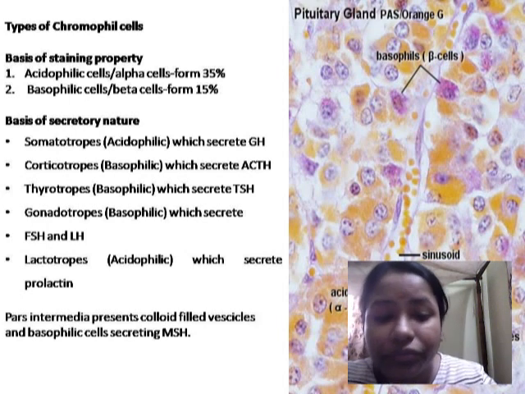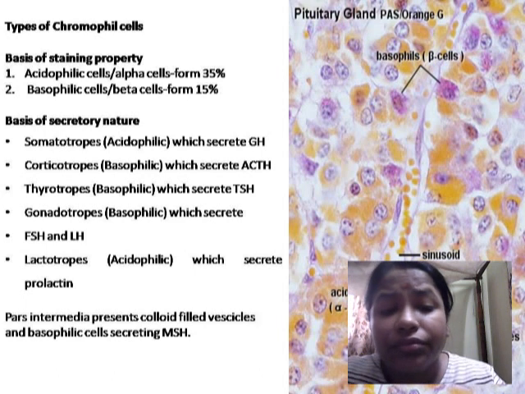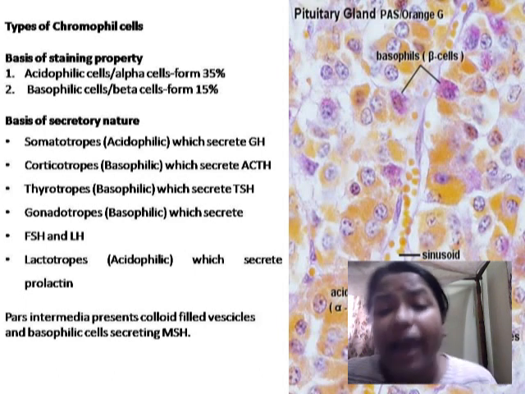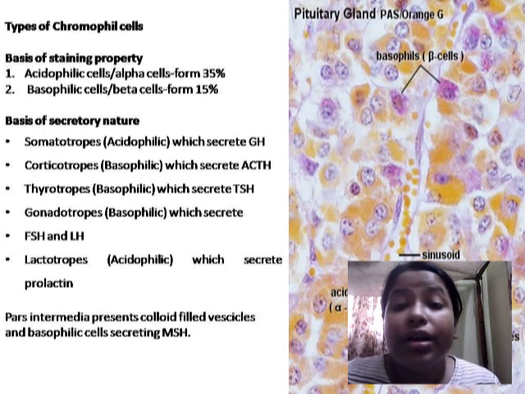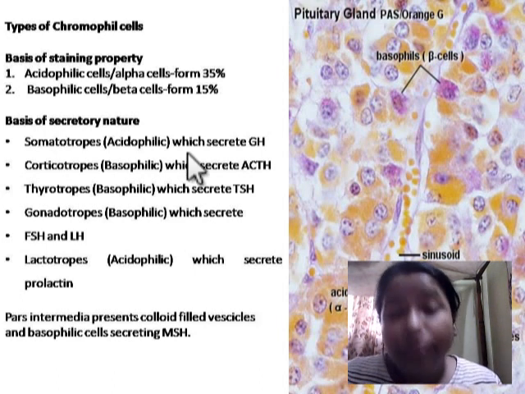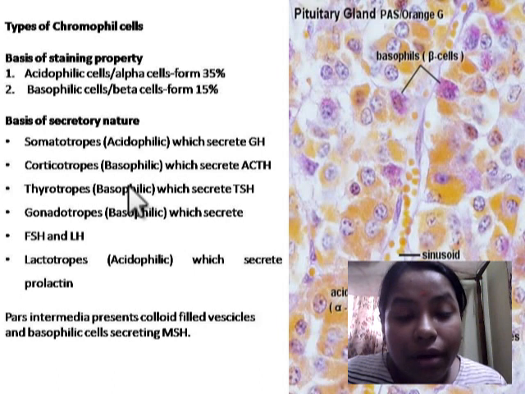Okay, and based on secretory nature, we have somatotrophs that are also acidophilic in nature, which secrete growth hormone. Then are corticotropes, which are basophilic in nature, that secrete adrenocorticotropic hormone.